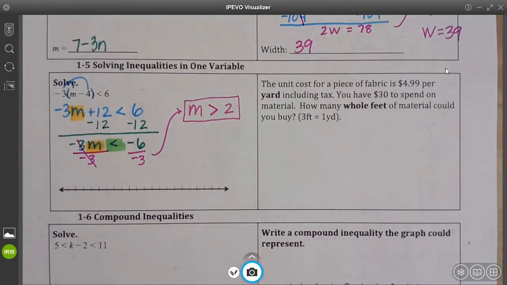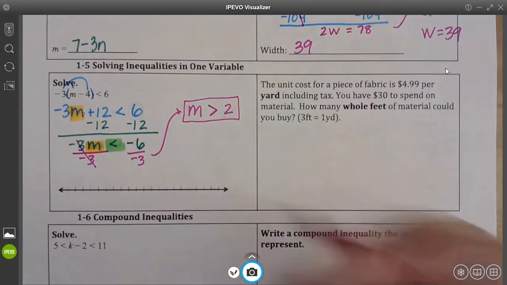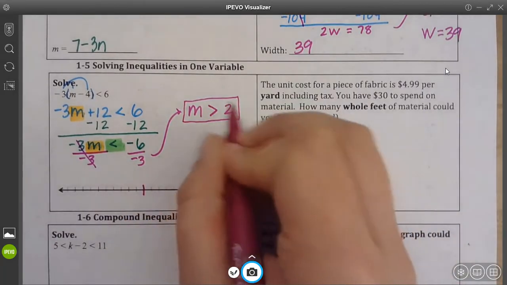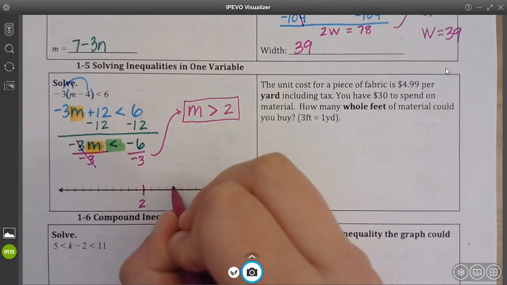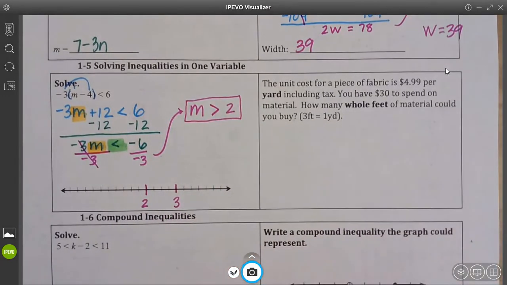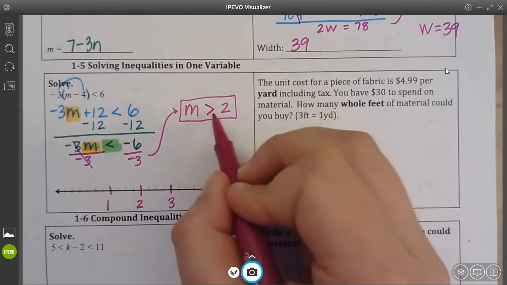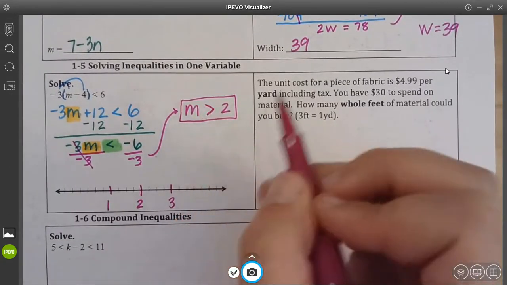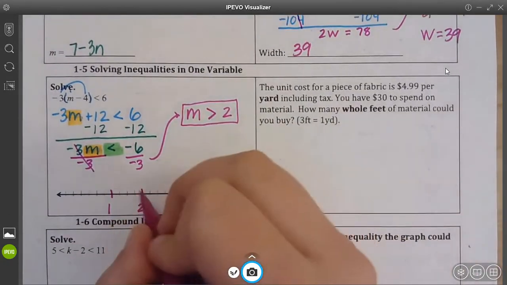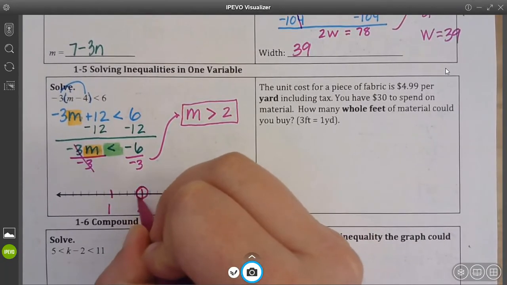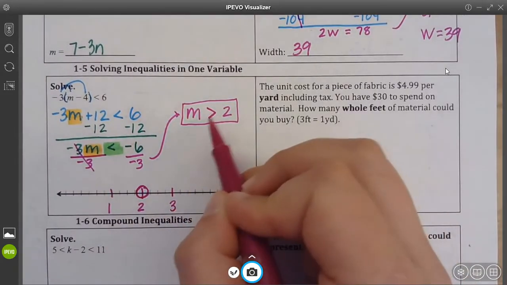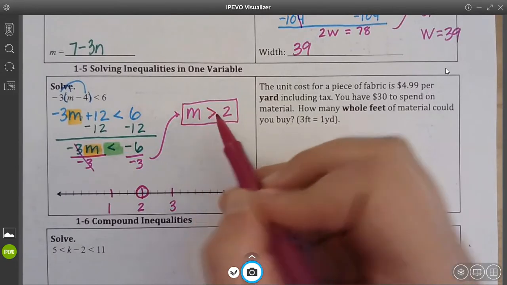So we want to write that on a number line. I'm going to take my number, 2, and put a number to the right of it and a number to the left of it. When it's a greater than sign or a less than sign, it is an open circle, and we shade in the direction it's pointing.